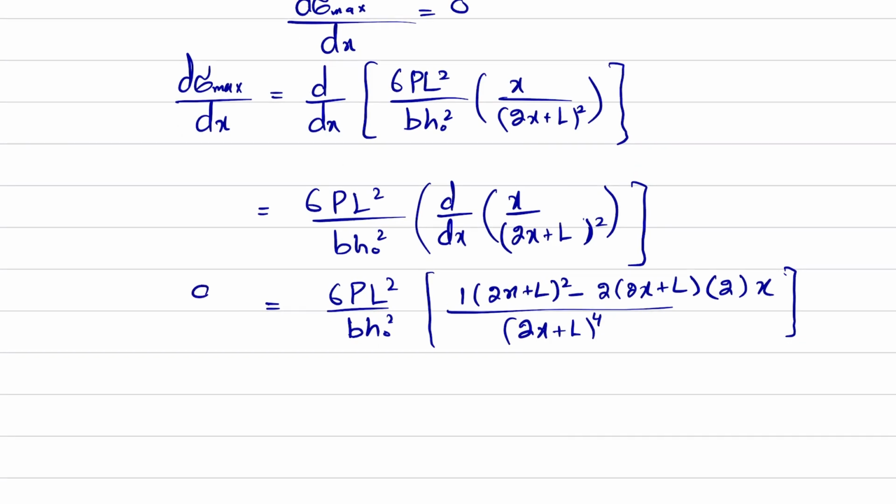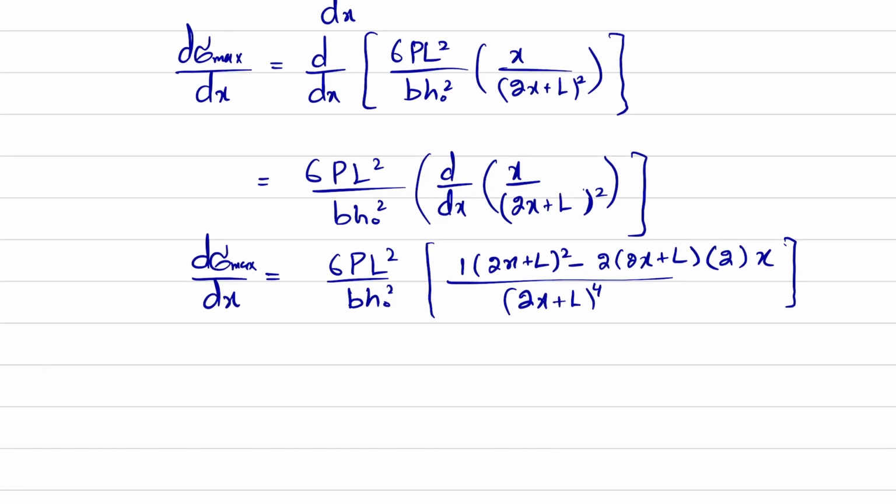Now when you simplify it, d sigma max over dx, and equate it equal to 0, you will get 6PL square over bh naught square into (L minus 2x) over (2x plus L) whole cube.